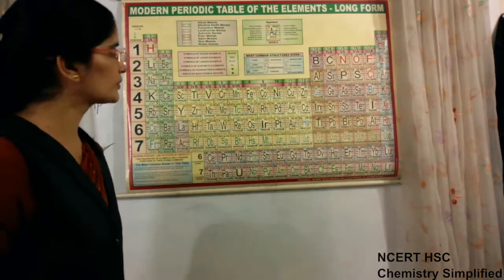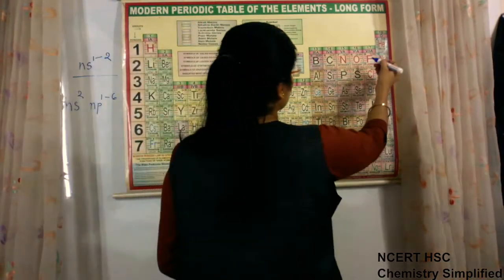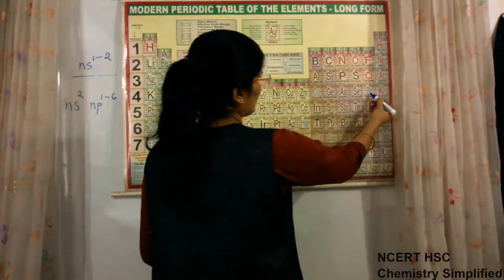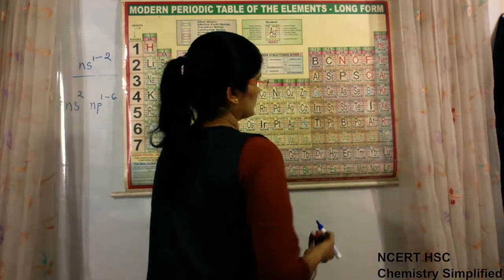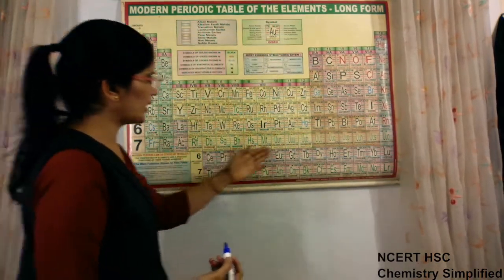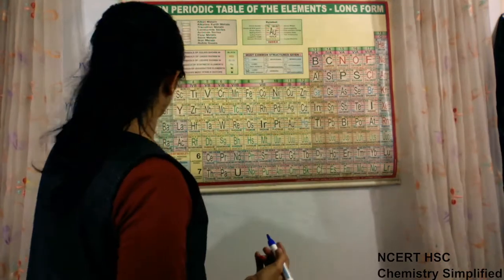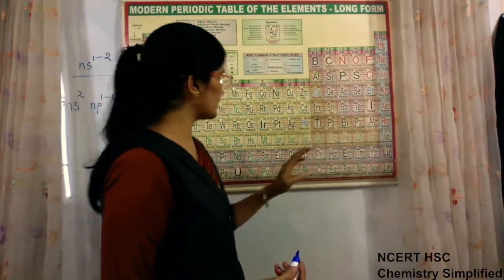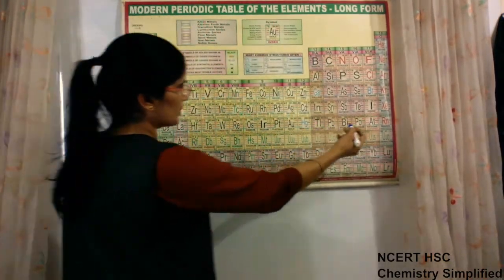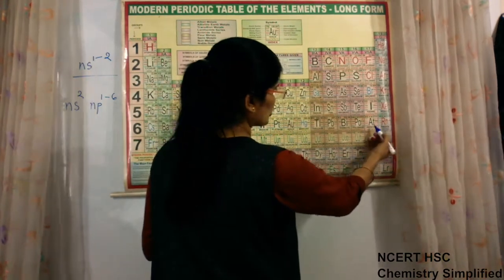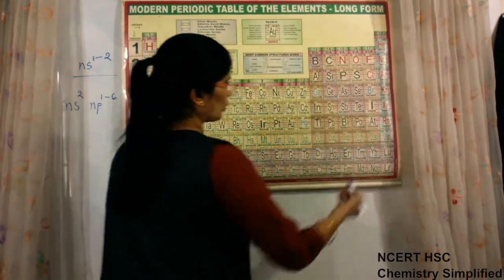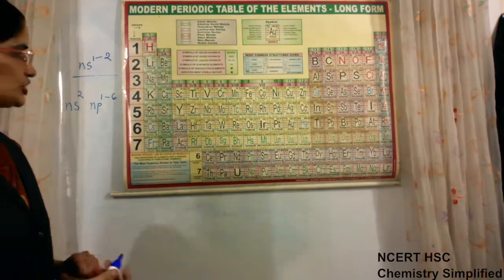Then these elements: fluorine, chlorine, bromine, iodine, astatine. I told you that the elements present in period number 7 are radioactive, and some elements here are also radioactive in nature, for example astatine and radon. Okay.